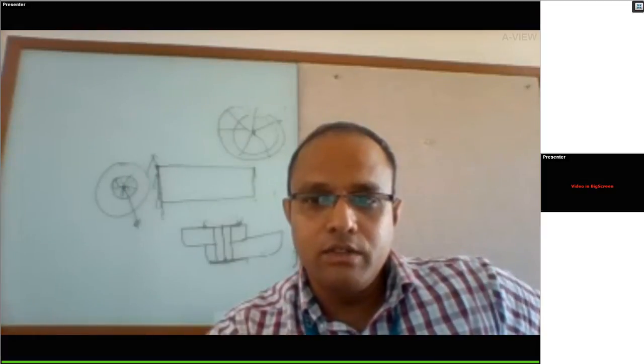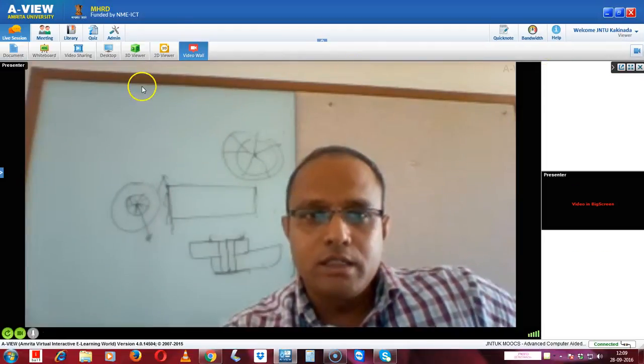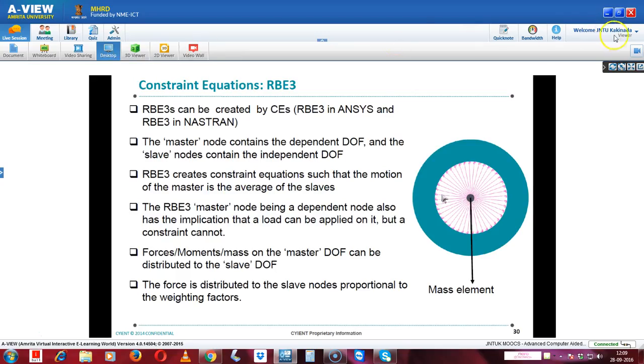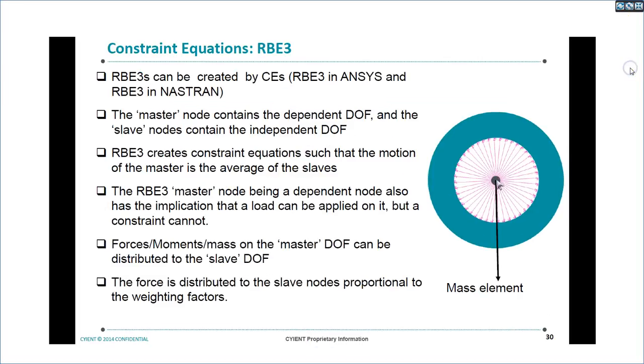Whereas in RB3, the slave nodes will have independent degrees of freedom, and the master node will be getting directions from all the slave nodes. So the master node will have dependent degrees of freedom. This is quite reverse compared to CERIG.